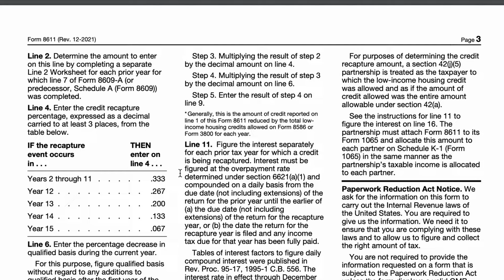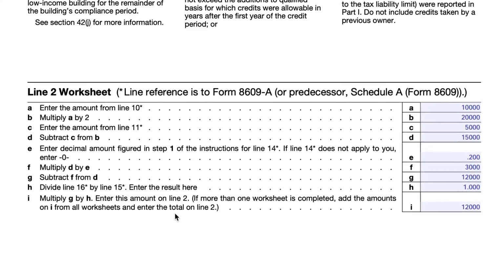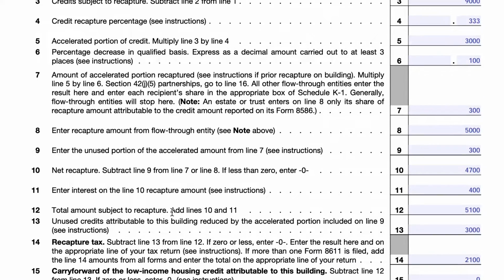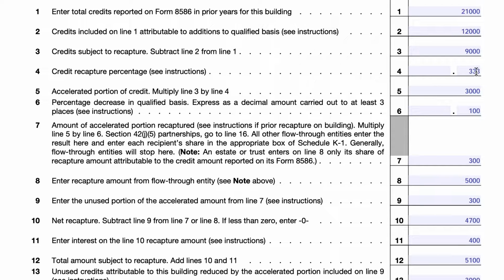That is the percentage you would enter. And then the table helps you determine what would happen if the recapture event occurred in subsequent years. So year 14 would be 0.133. The final year of the recapture period would be 0.067. So in this case, it's 0.33.